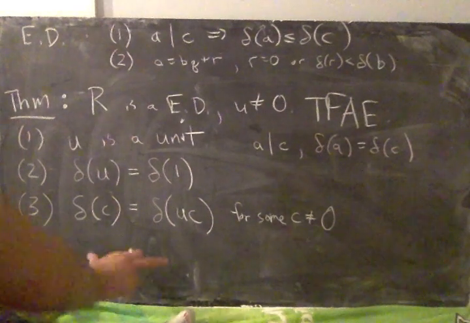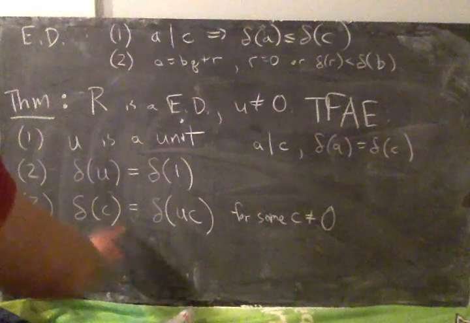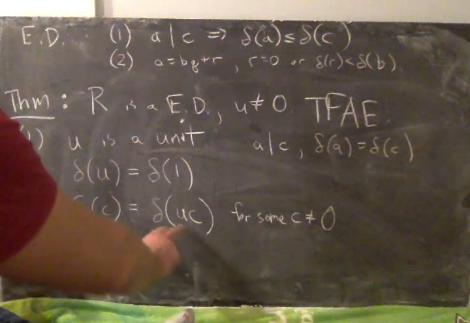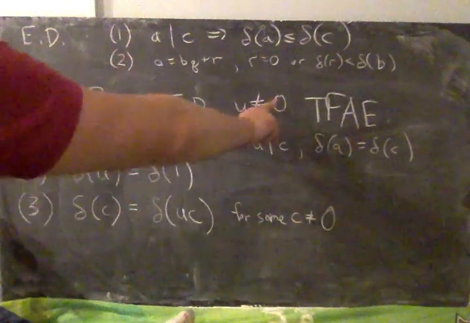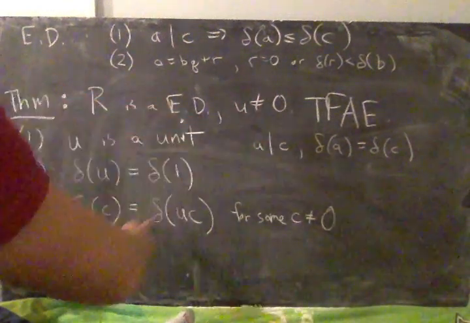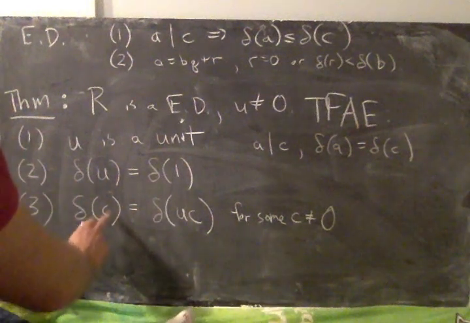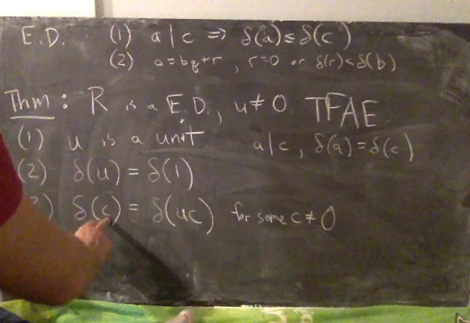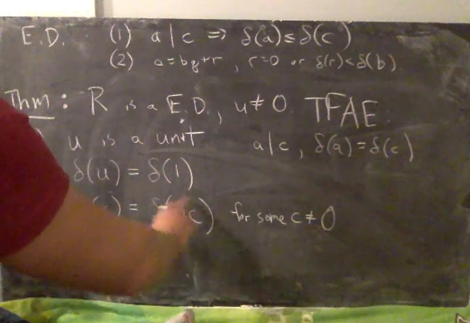So number 3 is saying delta of C is equal to delta of UC, and this U in 3 is just some random non-zero thing. So basically what we have in 3 is the value of delta at something in the ring and its value at a multiple of that thing.